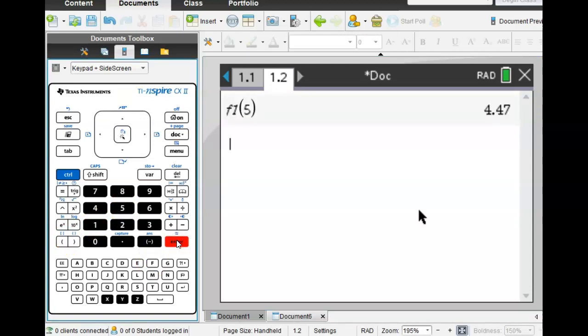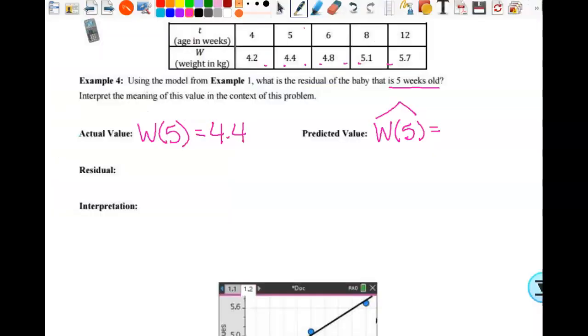Now, if your calculator is set correctly with the settings that we've done, then this should just be on float. If it was float 2, then this is probably the answer we would get. If it was just float like it is, this is the answer we get. Since we don't see a ton of decimal places, we know that there is no rounding. Yes, I'm supposed to be correct to 3, but if there's only 2, there's only 2, right? And so that is my answer. It is 4.47.